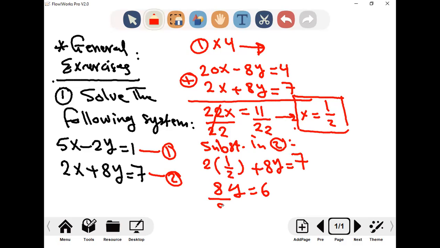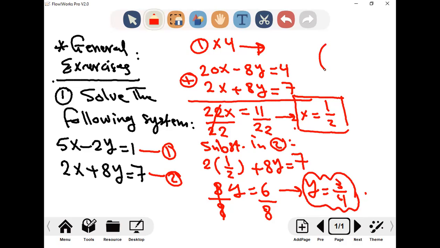Divide both sides by 8. So y will be 6 over 8. Simplify. Divide by 2 up and down. It's 3 over 4. So the solution of this system is what? x and y are half and 3 over 4.